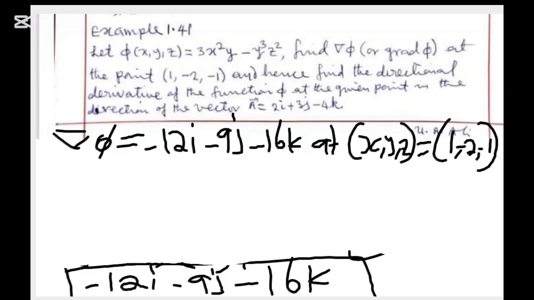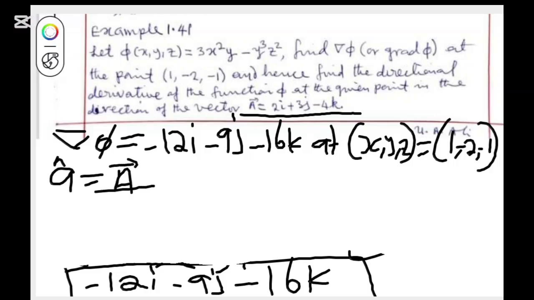So next, we have to find the unit vector where a is the same thing as 2i plus 3j minus 4k. So the unit vector is the same thing as a divided by the magnitude of a, which is vector a.